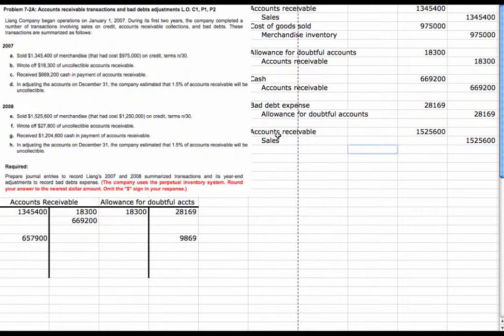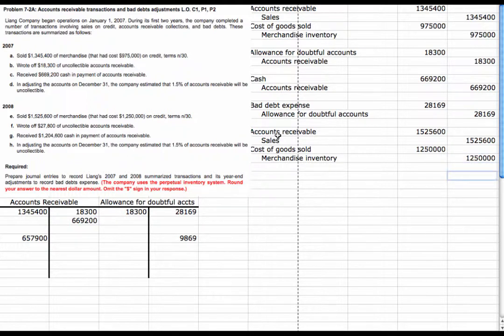Recognize the cost of goods sold. So debit cost of goods sold, and they tell you its value is $1,250,000. Credit merchandise inventory for $1,250,000. Okay.